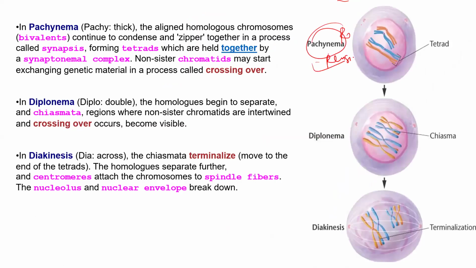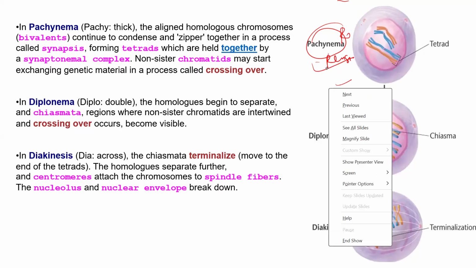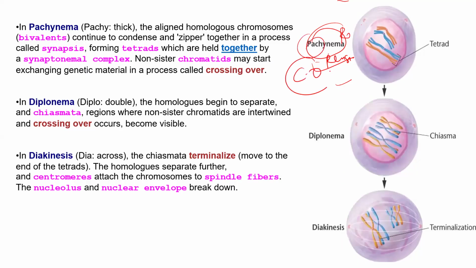Pachytene, pachynema. The formation of bivalents, synapsis occurs, tetrads occur, and the synaptonemal complex is formed in zygotene, and in Pachytene the crossing over takes place. Diplonema, the synaptonemal complex dissolves because di means separated.